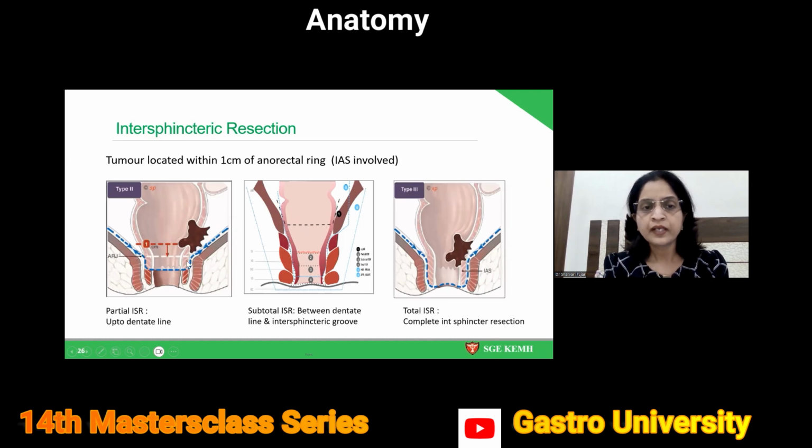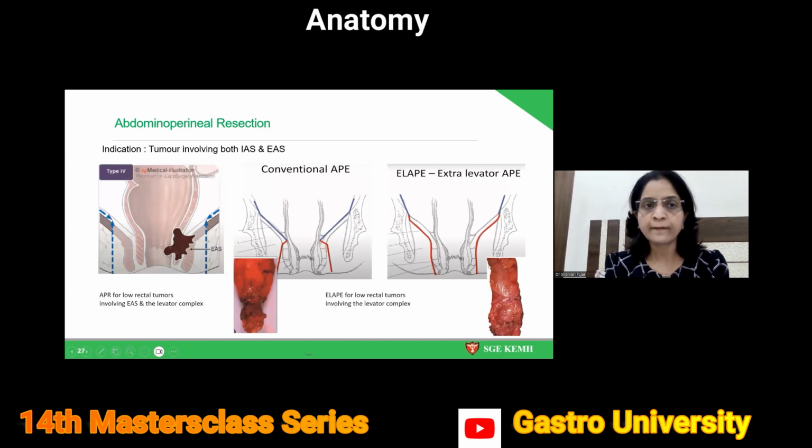Upper 1/3 up to 2/3 of the internal sphincter is resected in the subtotal, and complete resection of the internal anal sphincter in the intersphincteric groove is done if we have to do a total intersphincteric resection.